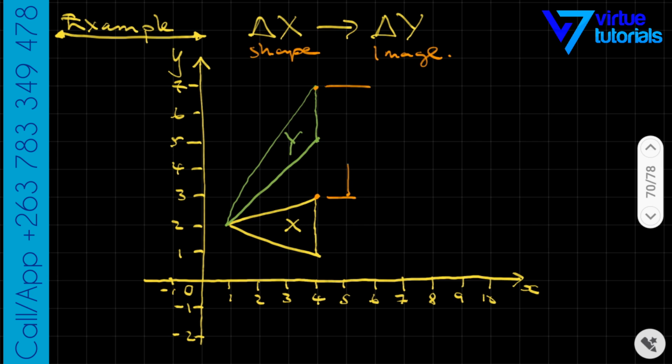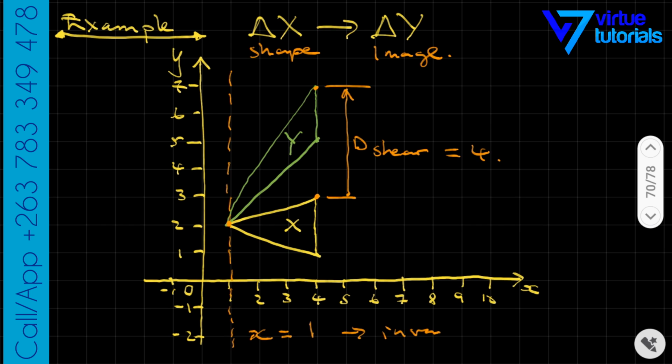So this movement from there to there, that's the distance of our shear. And it's from level 3 up to 7, so it's 4 units. What we also need to see is that on this point here, none of the points moved. So this line here coming down here is our invariant, and it passes through 1. This is the line x is equal to 1. So this is our invariant.